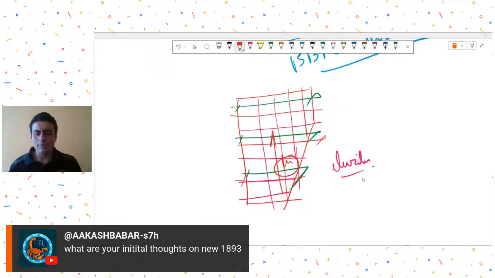So I think those types of things they have included. Although I have not read the draft or the revised version, as of now I don't know much about the revised code.